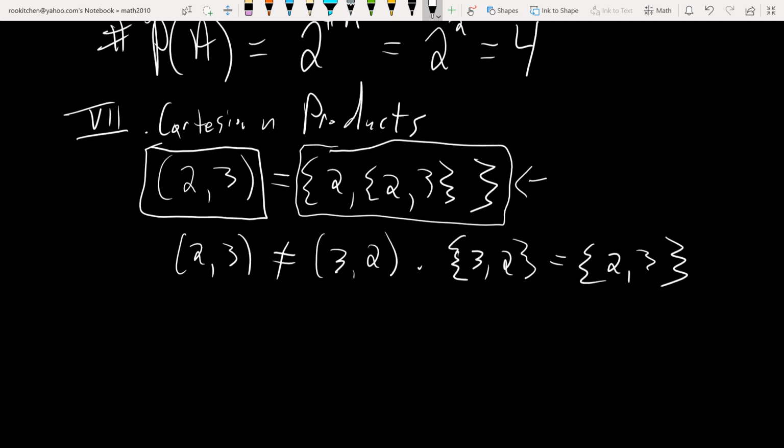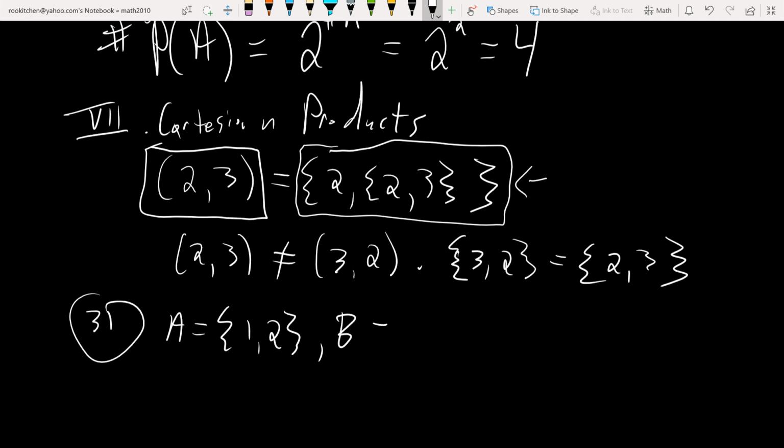We'll give a better definition of it in the next section, but let's look at one of the problems. So 31, we have the set A is going to be {1, 2}, and the set B is the set {2, 3}.